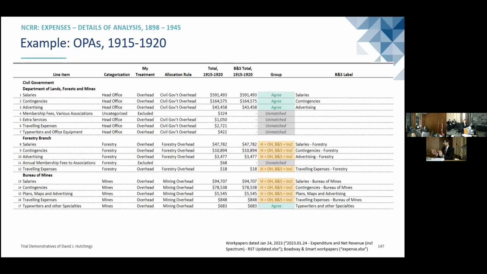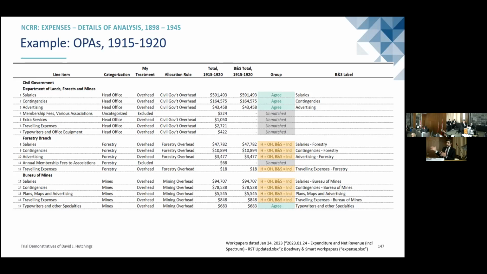What we then do with that number, we may or may not agree. And that's the purpose of the next column, which is called group. And this is where it's been color coded to say, where do we take the same approach, a different approach, or a similar approach? So in this case, the first three are all green and labeled agree, because we all agree that they're overhead.